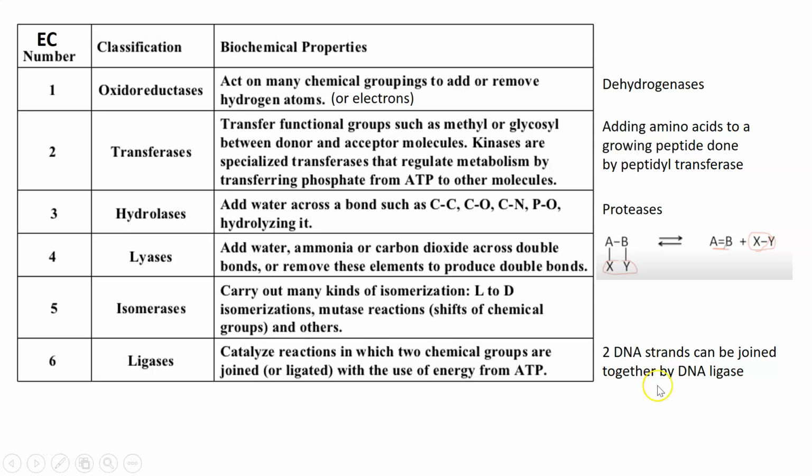I'm talking about the phosphate backbone here. If you have one strand of DNA and another strand, and you want to join them not by hybridizing but by joining the phosphate backbone to form a longer strand of DNA, we use DNA ligase for this.